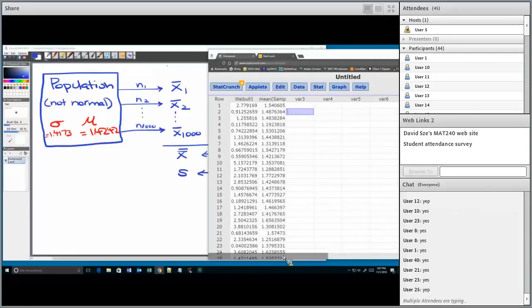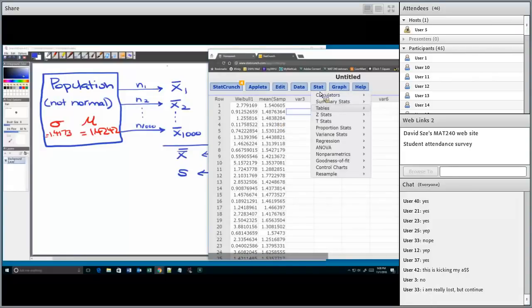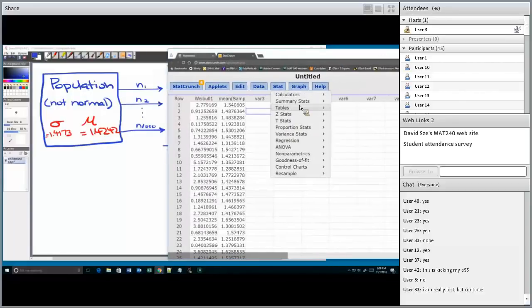Okay. Here's the crazy thing now. I just took 1000 samples, and for each sample I calculated a mean. If you're not following this, don't worry about it, because at the end the result is very simple.